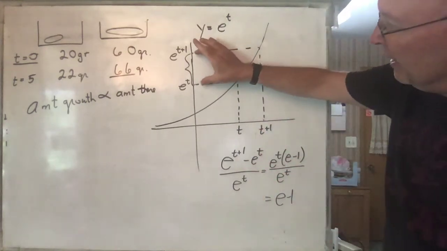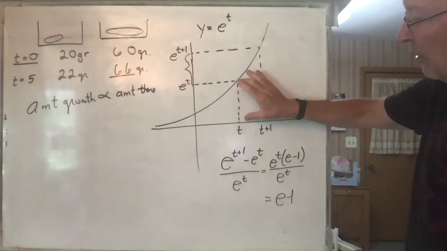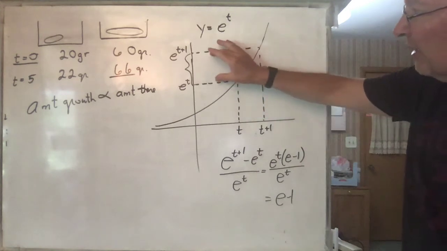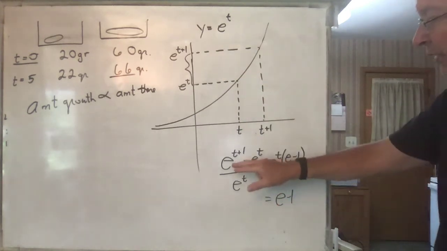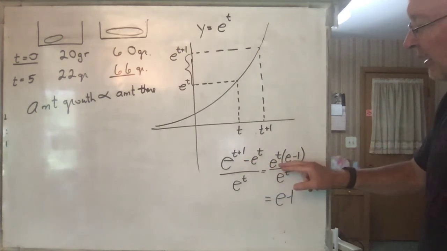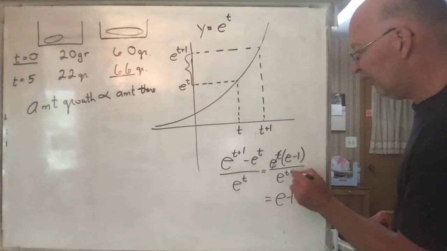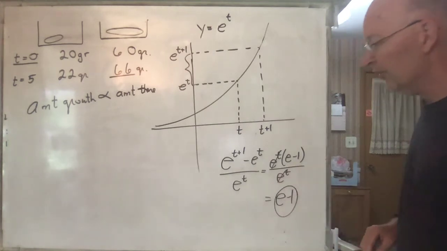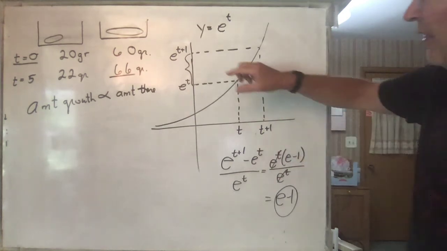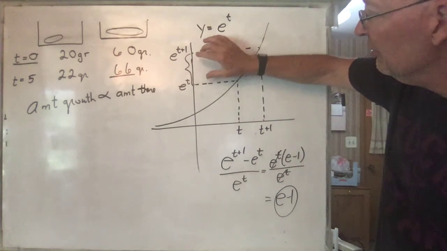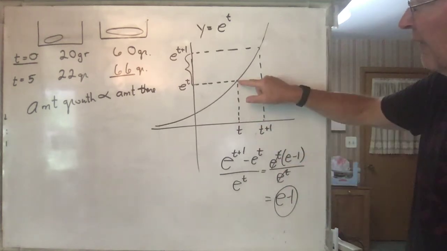And if you compare that difference to the original amount, e to the t, let's do the algebra. You can factor an e to the t out. You're left with e minus 1. Now these two things cancel, and you just get e minus 1. That's just a fancy way of telling you that the amount of change is proportional to how much you have there.